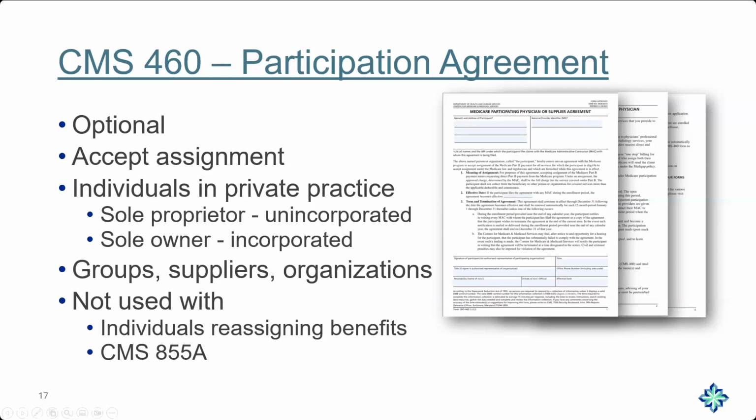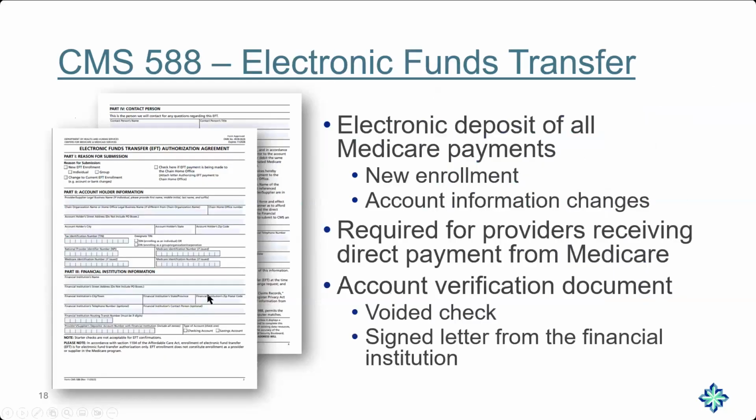So speaking of payment, the next form, and this is something that is required in PECOS, is required of our individuals that are not reassigning benefits and all of our facilities and our suppliers, our organizations, group clinics. It is how we set up electronic deposit for all Medicare payments. It does have to come in anytime there's a new enrollment or if there's account information changes.